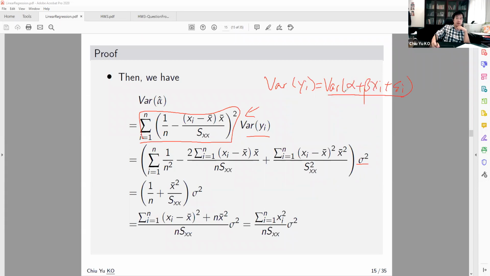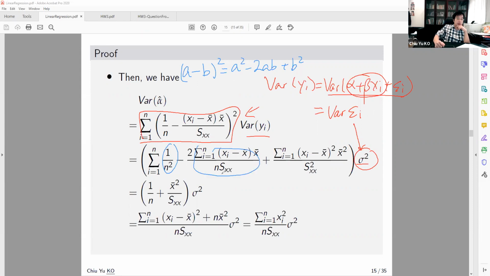The first part is constant, so it's the variance of epsilon i, which is sigma squared here. And this is just completing the square. From here, (a minus b) squared is a squared minus 2ab plus b squared. So this is a squared, minus 2ab, plus b squared.